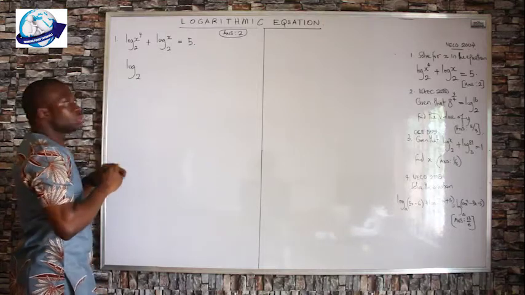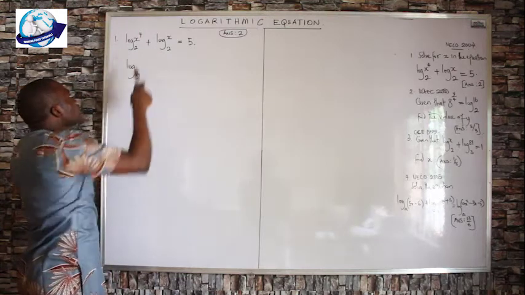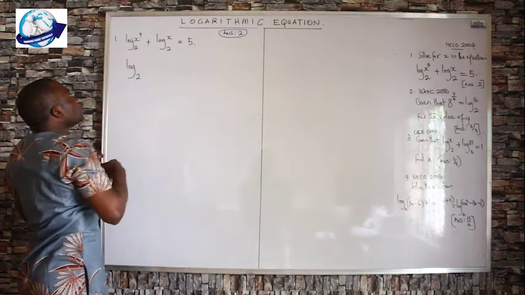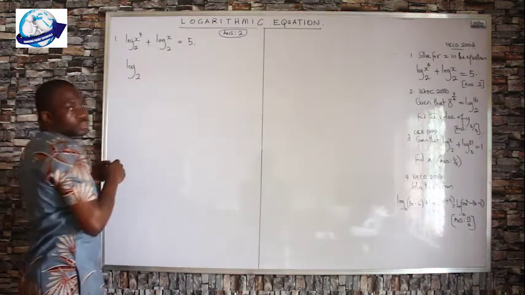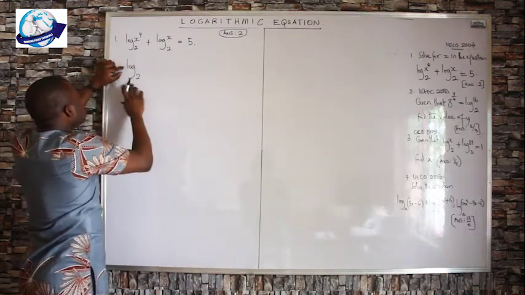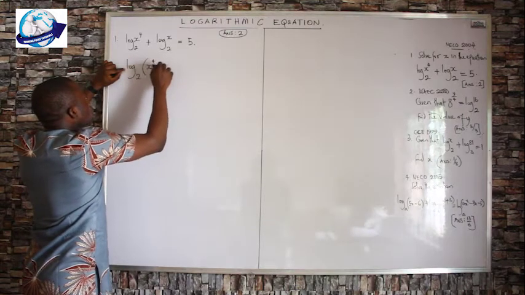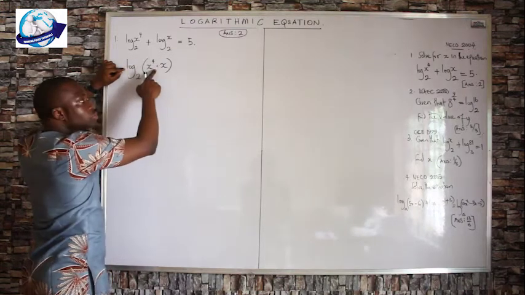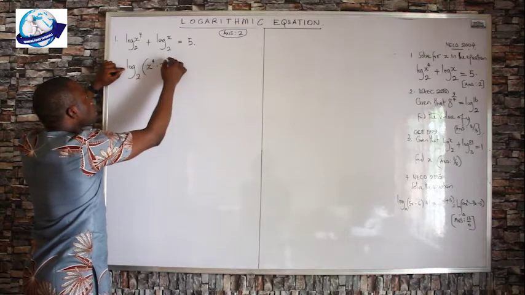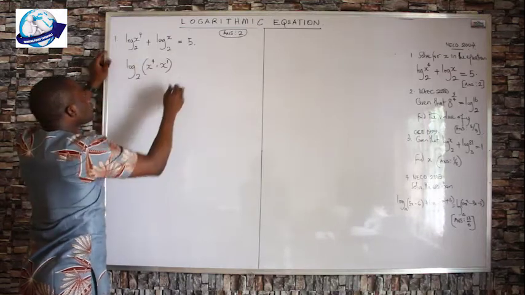I'm taking one of the log base 2, and then this logarithm x raised to the power 4 should be multiplied with this. Why? Because you are adding in the logarithm. So log base 2 open bracket x dot x. When I say dot, I mean times. And don't forget that there's a power 1 here. So let me leave it there. All right. So it's equal to 5.